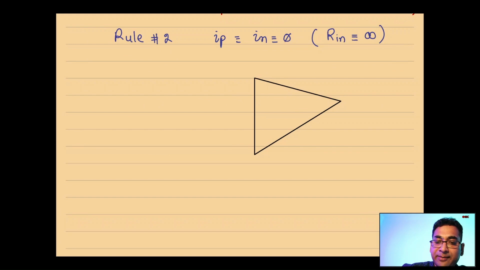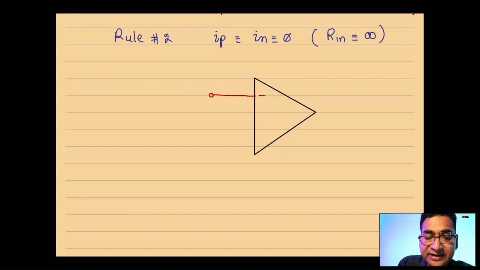Here is your op-amp. There are the two terminals. There is your negative terminal, Vn, and there is your positive terminal, Vp, and of course here is your output.